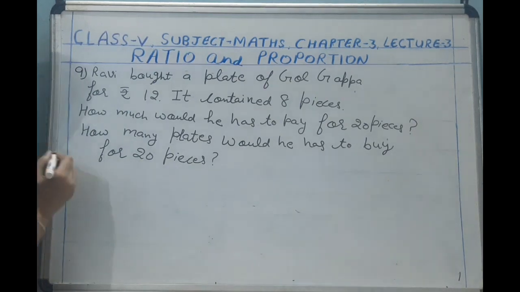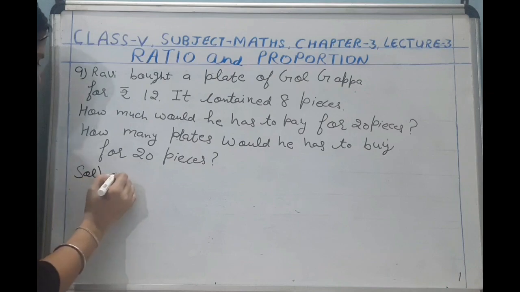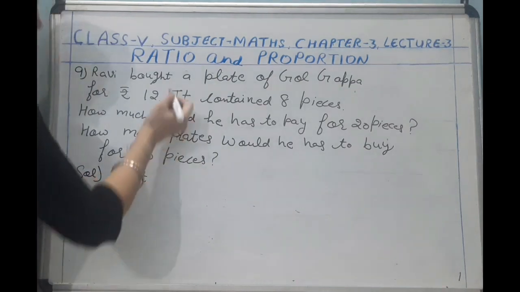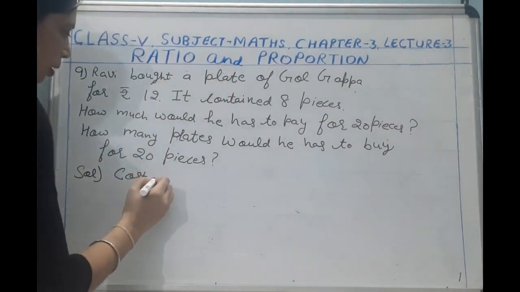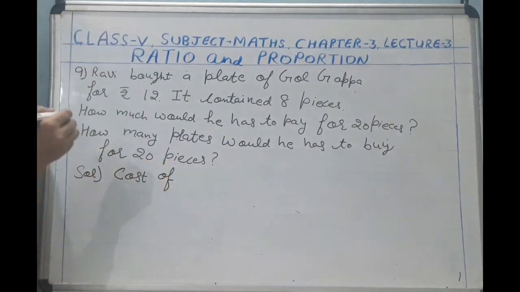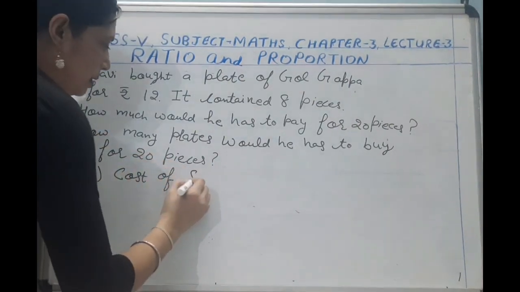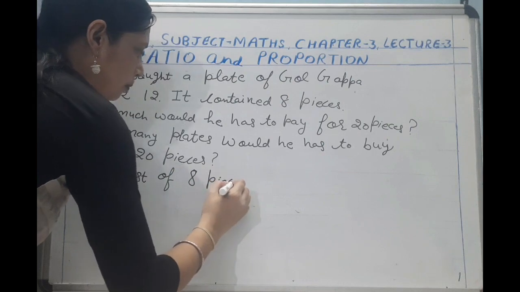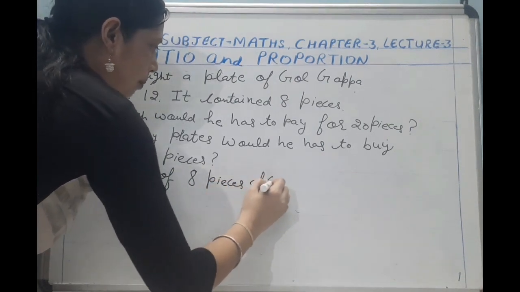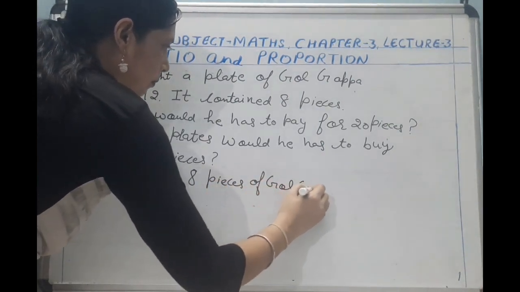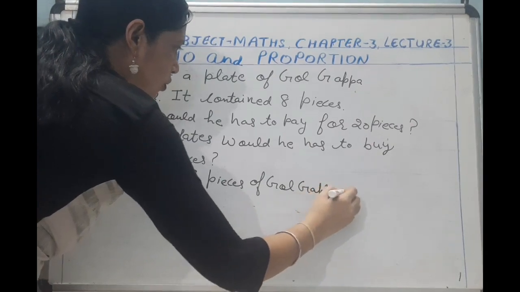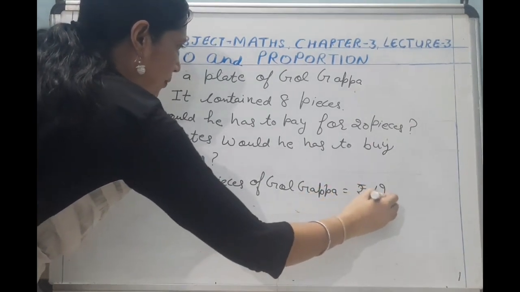So let's start the solution. We will start from the given thing. Cost of 8 pieces of Golgappa is equal to rupees 12, right?